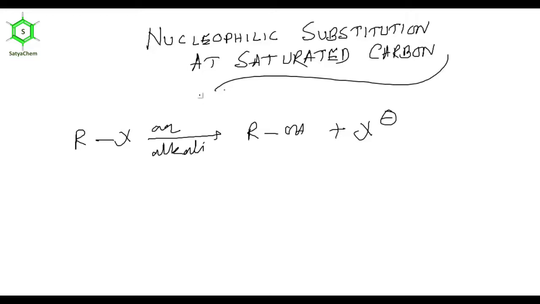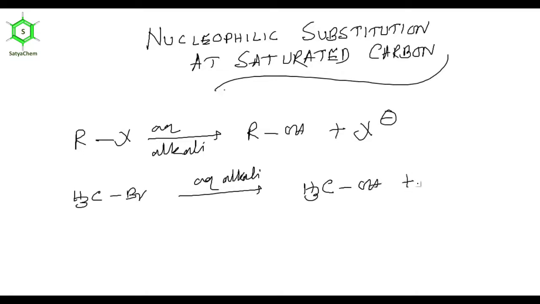Now let us consider the following reaction: H3C-Br, like methyl bromide, with aqueous alkali. You can consider aqueous potassium hydroxide or aqueous sodium hydroxide. Then we get methanol and Br minus.